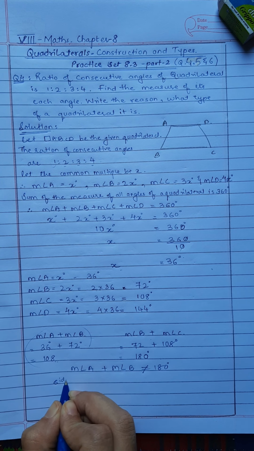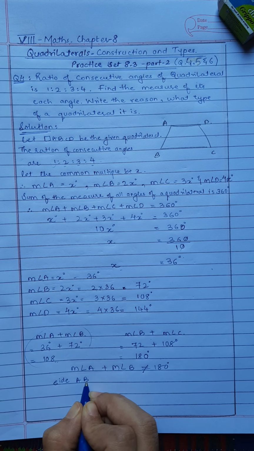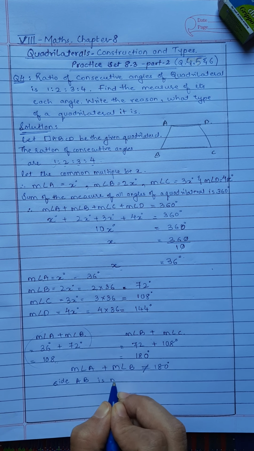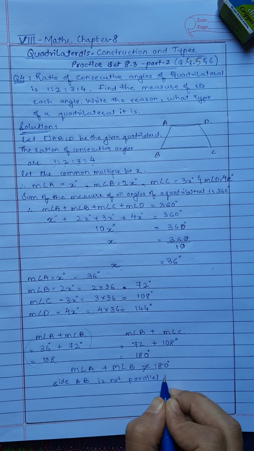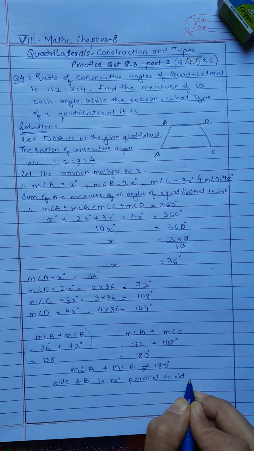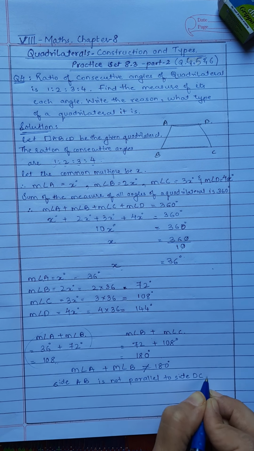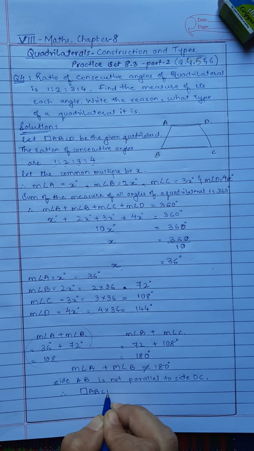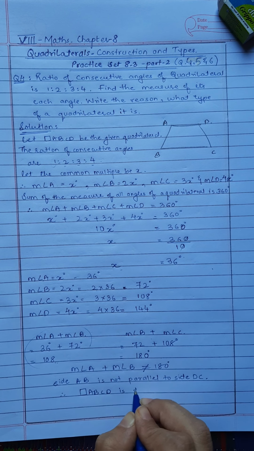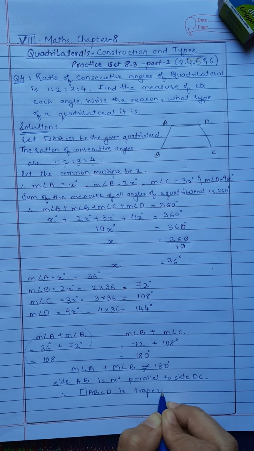Side AB is not parallel to side DC. Therefore, quadrilateral ABCD is a trapezium.